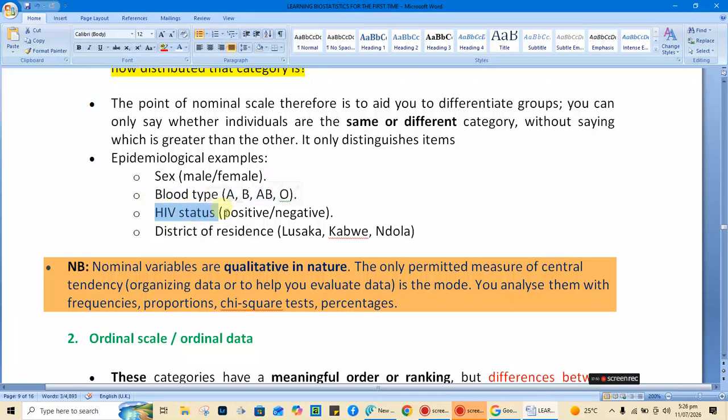HIV status, if you are positive, it does not mean that you are bigger or healthier than the one who is negative. We do not know yet. It's just categories. District of residence, those who stay in, for example, Kanyama, are not disadvantaged compared to those who stay in Kabulonga, or who stay in Twin Palm, or who stay in Malaysia, in the UK.